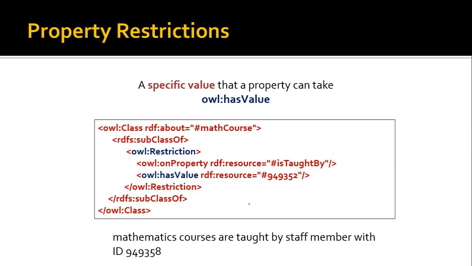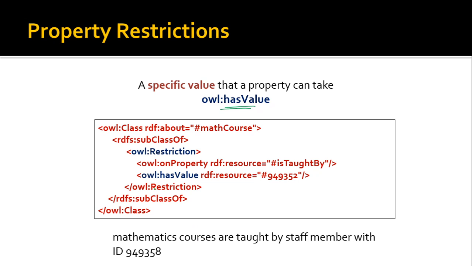Now, in the property domain, you can also put a restriction on the object to be equal to some exact value, right? So for that, we'll be using the has value construct. So here we are trying to define the concept that mathematics courses are taught by the staff member with ID test.